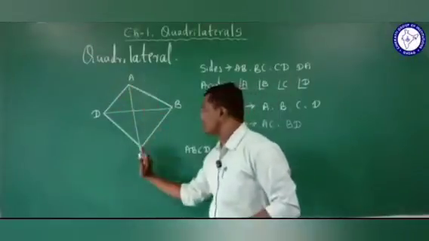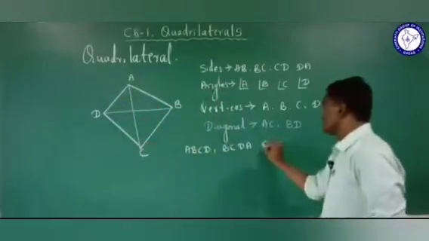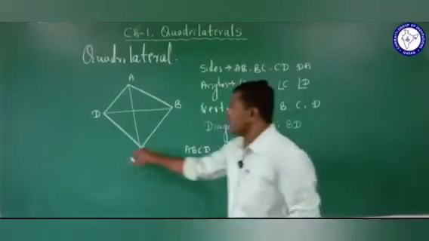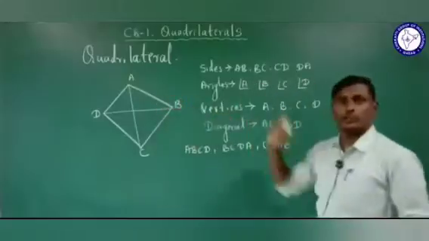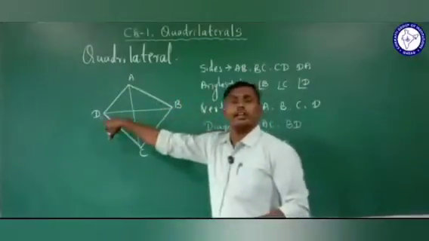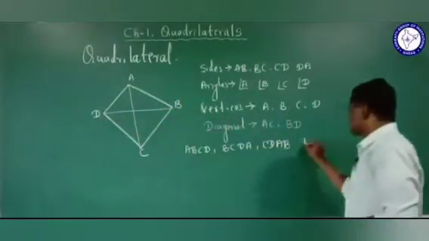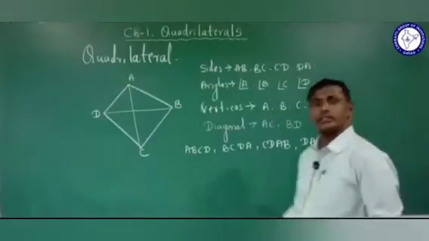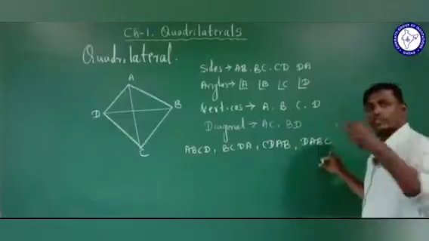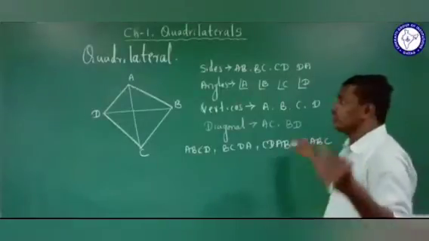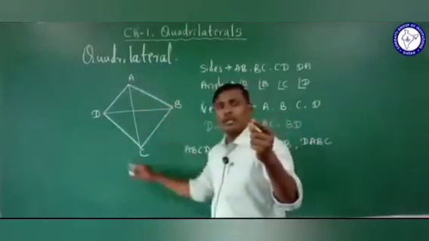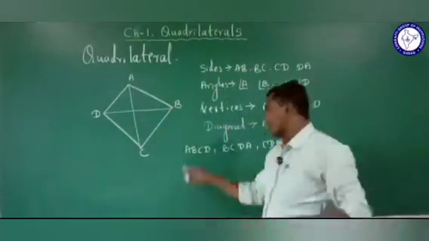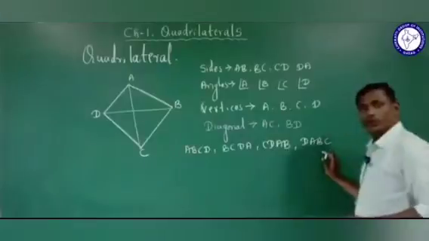Third, start from C: CDAB. And one more, starting from D: DABC. So these are the four ways to represent a quadrilateral.